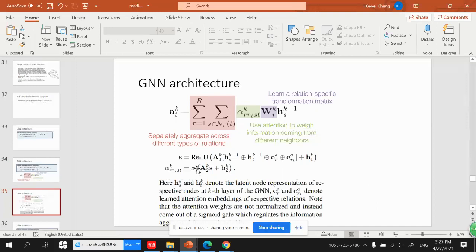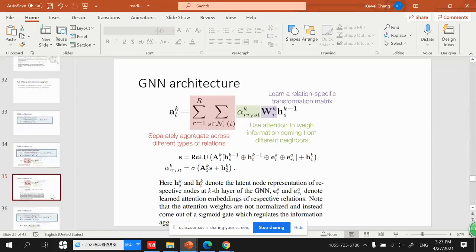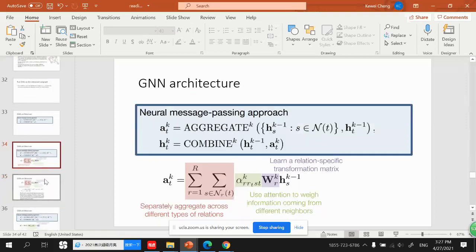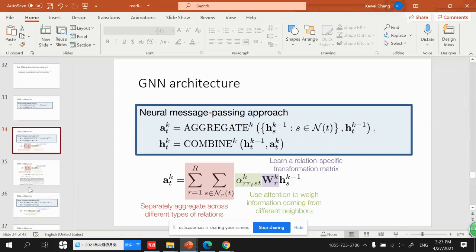We just assign a score between 0 and 1 to indicate the importance of the information coming from different neighbors. And then here is the aggregation step of the DRNL architecture.